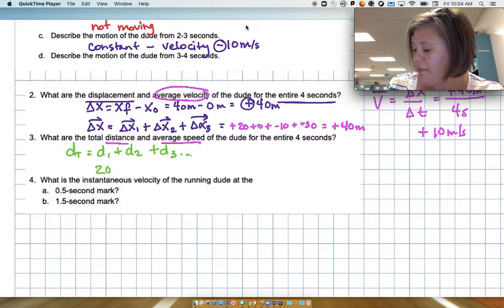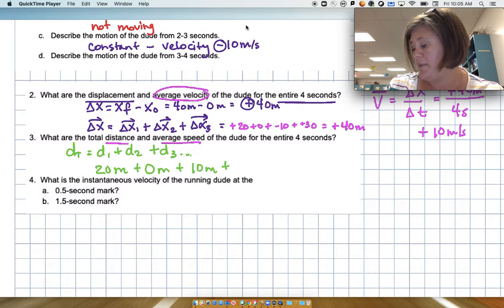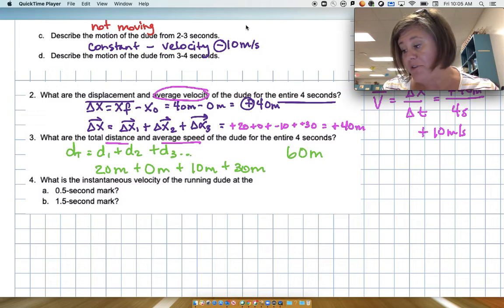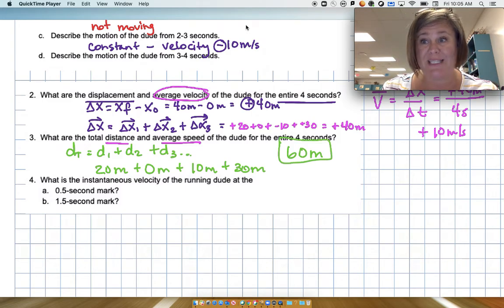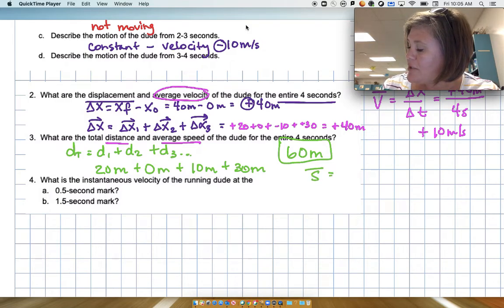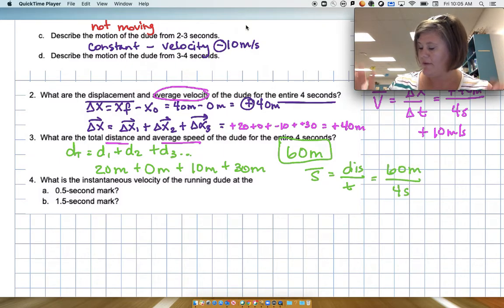So that's going to be 20 meters plus 0 meters plus 10 meters plus 30 meters, and that's going to be a total of 60 meters for the distance. It's total length of travel, okay? So the average speed, again, don't need a direction there because the speed or distance is a scalar quantity. The average speed is just going to be his total distance divided by time, and that's going to be 60 meters divided by 4 seconds, and you can divide that out.